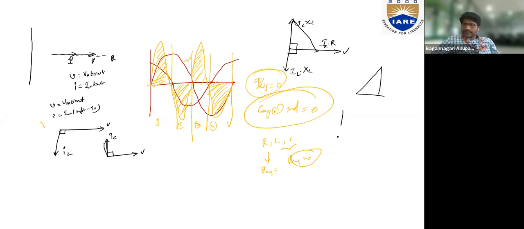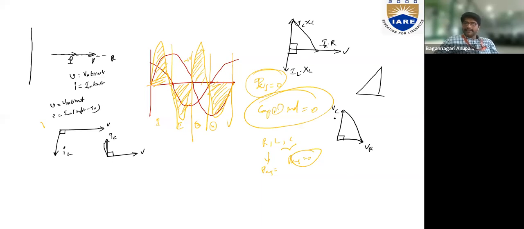Let me draw it like this. The value here is VR, this is VC, and this is exactly 90 degrees. So what do you call this? A voltage triangle.